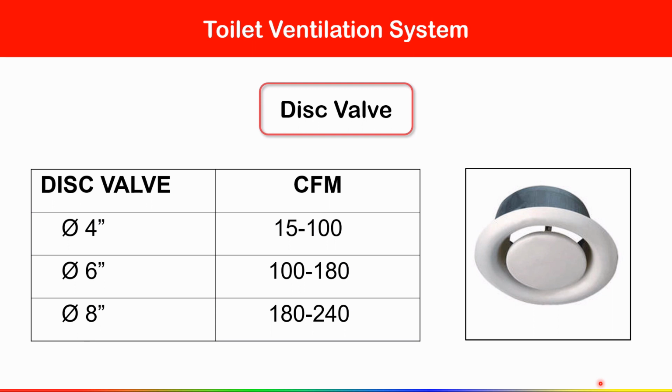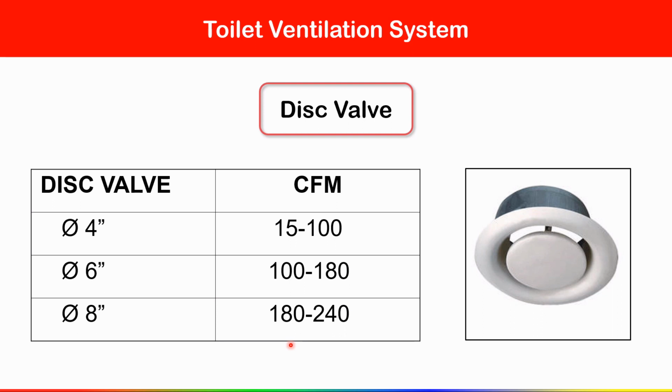First of all you have to select which diameter you prefer, based on your requirement. Suppose I have selected an 8-inch dia disc valve. We know that with this 8-inch disc valve, the maximum CFM we can extract from the toilet is 240. It means if I use 4 numbers of 8-inch dia disc valves, it is capable.